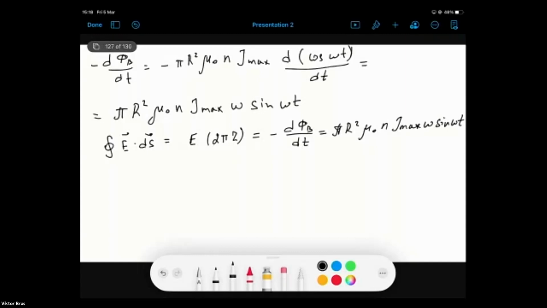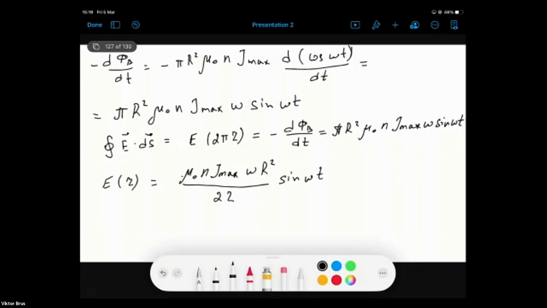Okay, from here we can easily express the induced electric field as a function of r, and that will be mu naught times n times I maximum times omega r squared divided by 2r times sinus omega t.